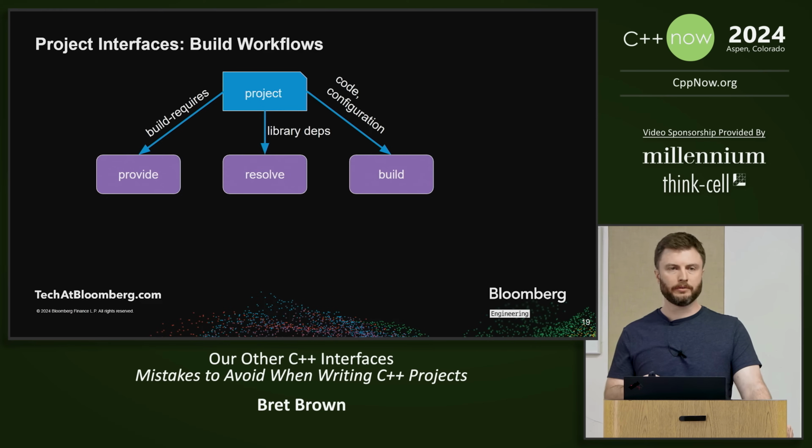The resolve step is something I'm making up this term, so if this is unfamiliar, that's because I'm making it up. I don't have a good word for it. We can discuss this too. This is constructing a logical model of what needs to happen in your build. As far as I am aware, all the modern build systems do some form of this. Bill Hoffman gave a talk earlier this week about the target model in CMake.